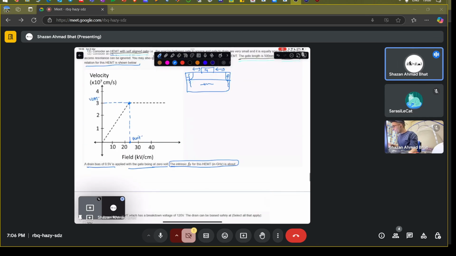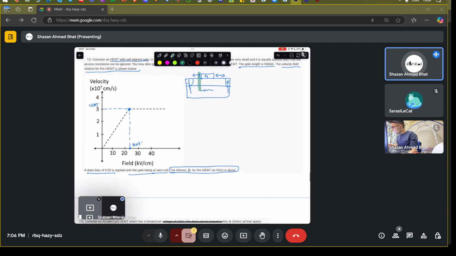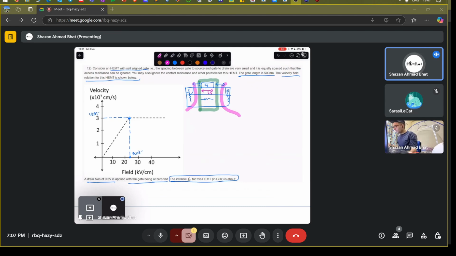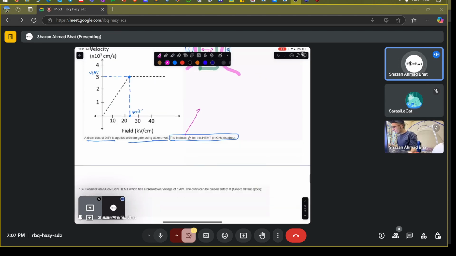Whenever we talk about intrinsic, we always talk about this part. This is the intrinsic device because the gate length determines the overall delay and overall frequency. The other parts, external to it, are extrinsic: source and drain are extrinsic to the device. The main thing is the green one, which is the intrinsic part of this HEMT. Now we have to find the unity gain frequency.